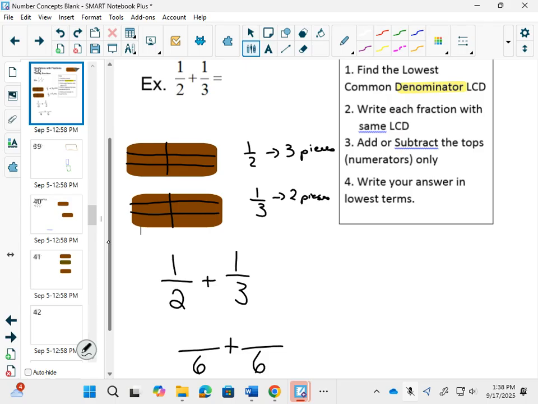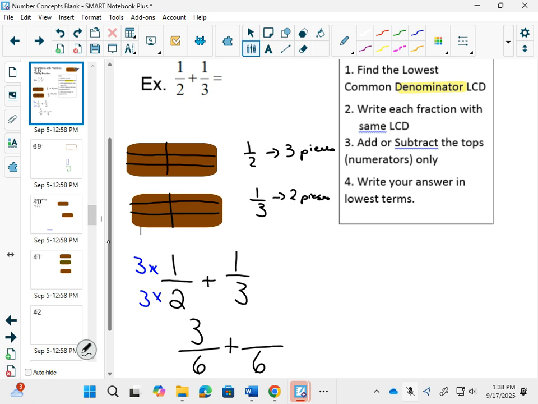And if you can see that 6, you would tell yourself, I know I have to multiply the 2 by 3. But then I also have to multiply the 1 by 3 because you just told me earlier that half the chocolate bar is now 3 pieces if my sizes are 6 of them.